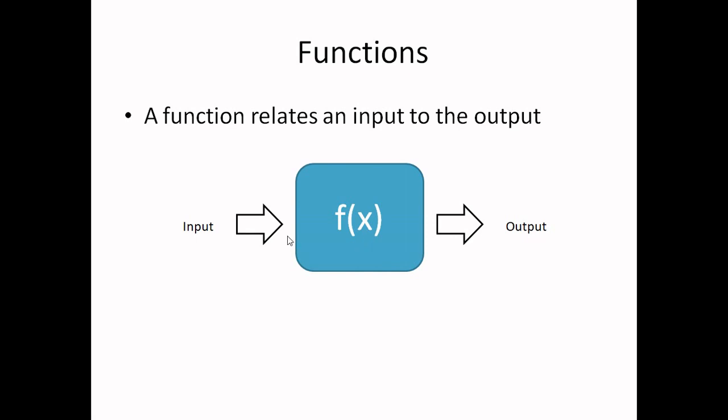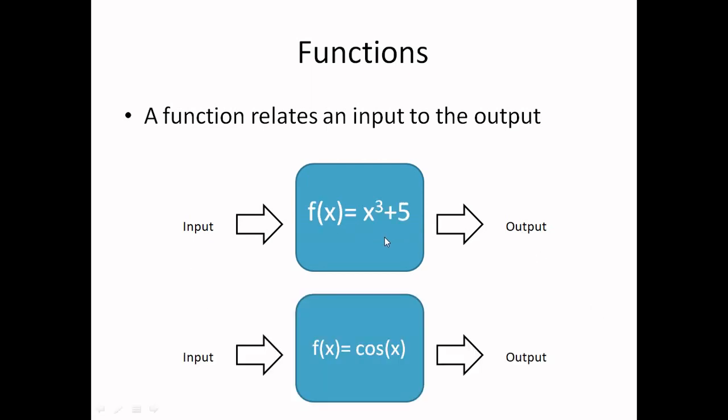To this box we give some input, which is x. When you give this input to this system, which we call a function, it results in a certain output that we mostly call y. So this is a function. We can relate an output to the input.